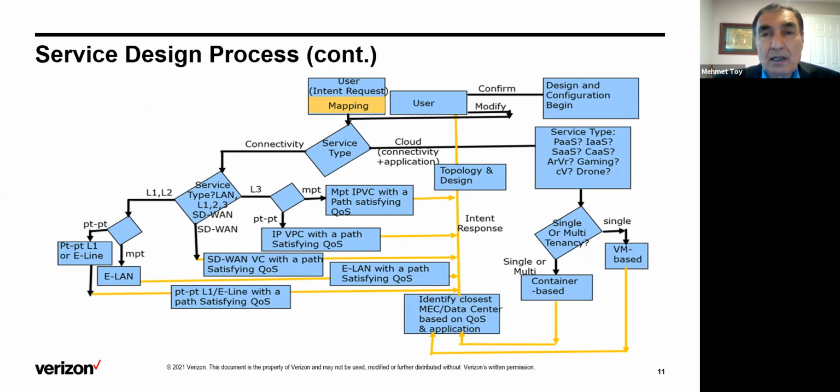So that's really how the design process should work. What I summarized so far is the keywords that we expect to see from the user, how we map them to the services, and from there, how we design the services based on those intents. Thank you very much.